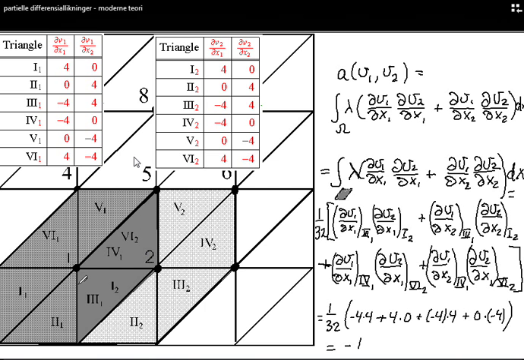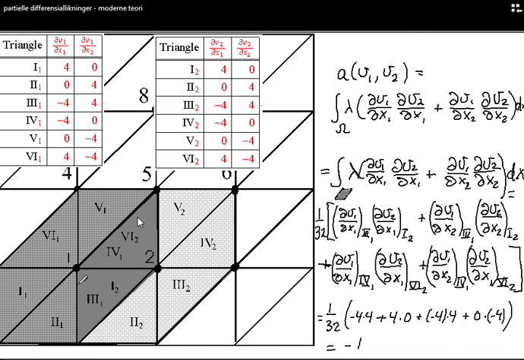So then we go into this table. We have the table for the partial derivatives of V1 with respect to x1 and x2 here. We have the partial derivatives of the basis function V2 with respect to x1 and x2 here.